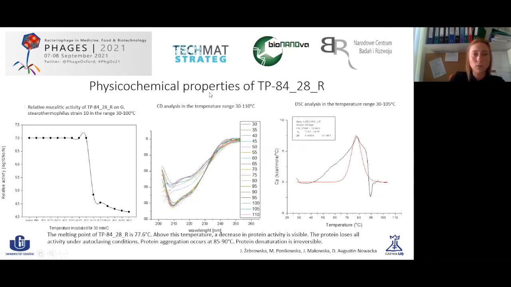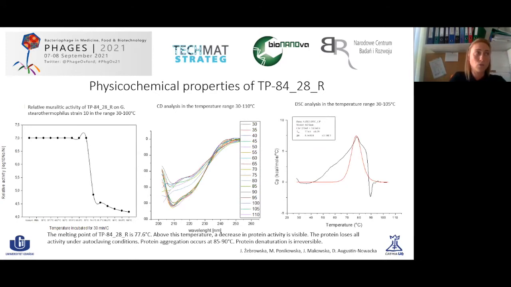I would like to say a few words about physicochemical properties of recombinant endolysin. Thermostability tests were also based on the endolysin activity and stability. We examined the measurement of relative activity under various temperature conditions.